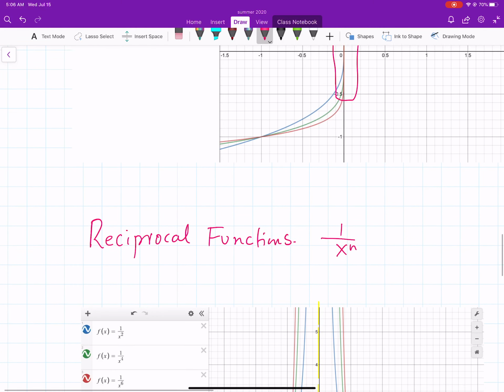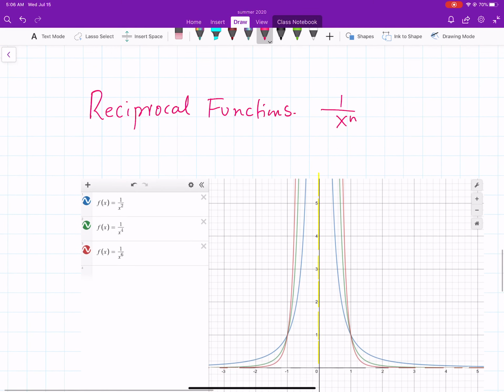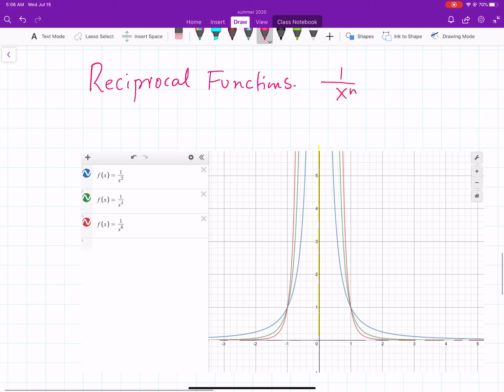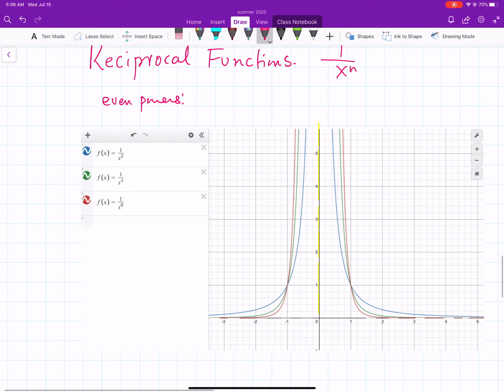And then let's look at reciprocal functions. So reciprocal functions look like 1 over x to the n. So I'm looking again at even powers. If I look at even powers, I have 1 over x squared, 1 over x to the fourth, 1 over x to the sixth. The graph looks like that. It's got what we call a vertical asymptote, and it's also got a horizontal asymptote.